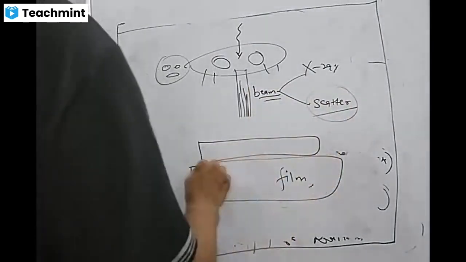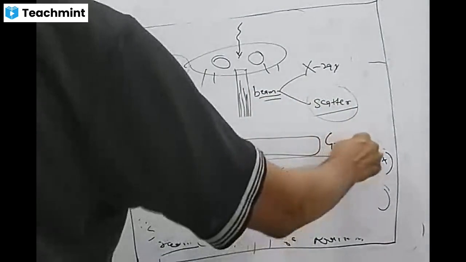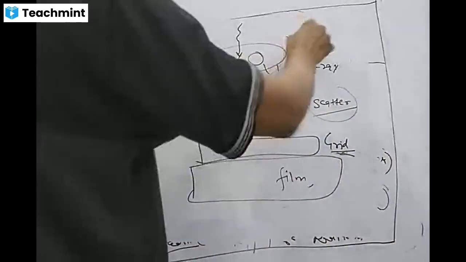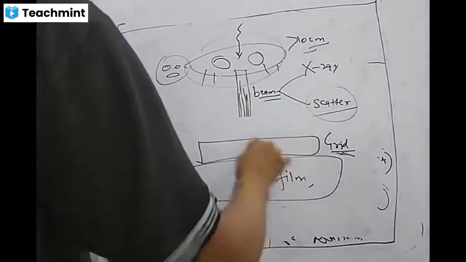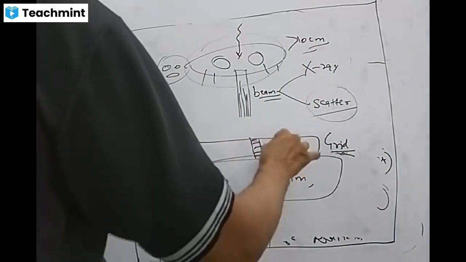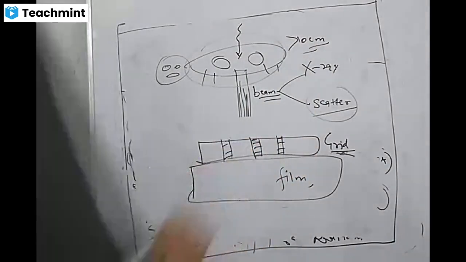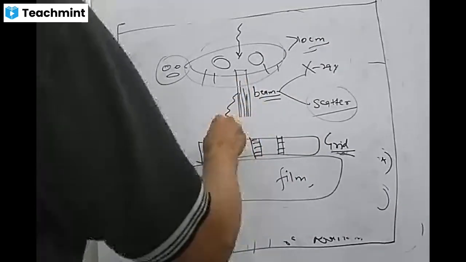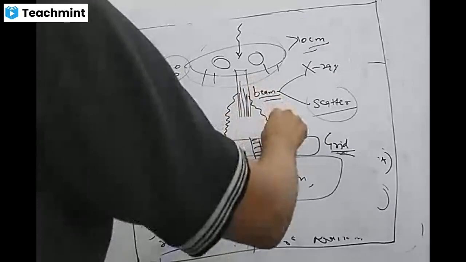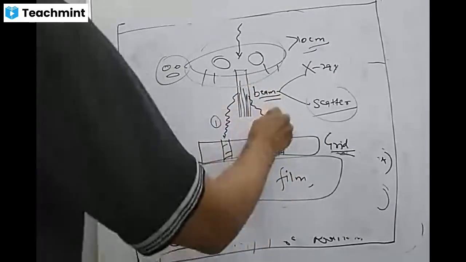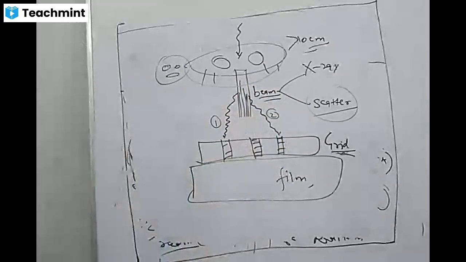So what we are using is grid. When to use grid? When the thickness of patient is more than 10 centimeters. So in this grid, there are lead lines. Suppose these two, 1 and 2, are scatter radiation.